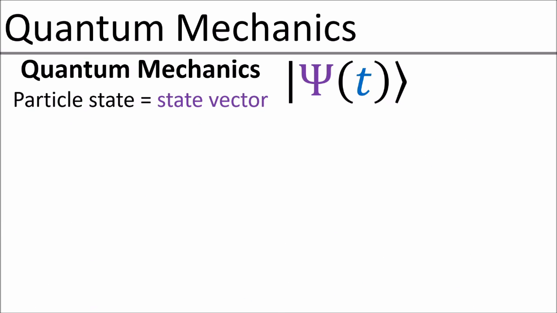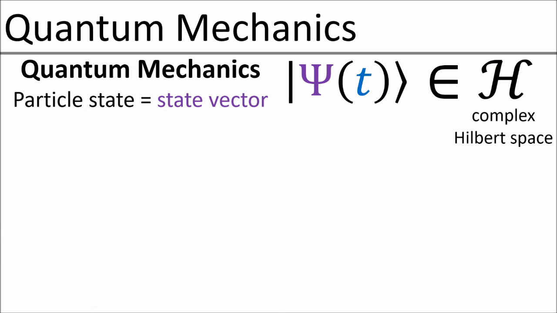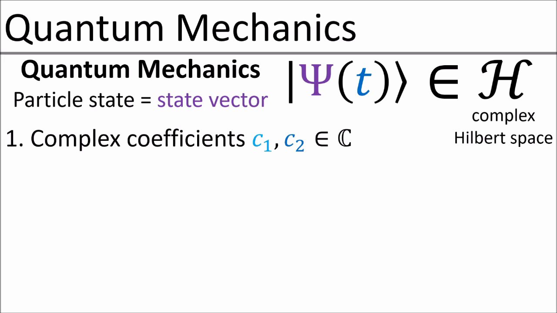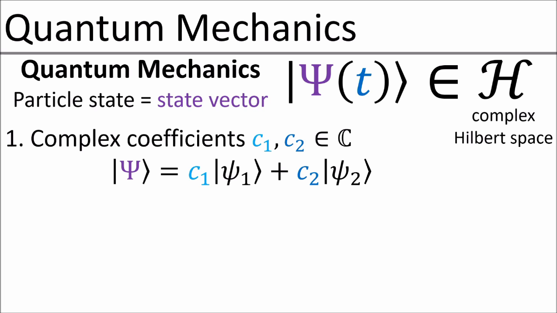This state vector psi lives in a vector space called a complex Hilbert space, which is denoted with a curly H. A complex Hilbert space has the following properties. Coefficients in linear combinations are complex numbers.